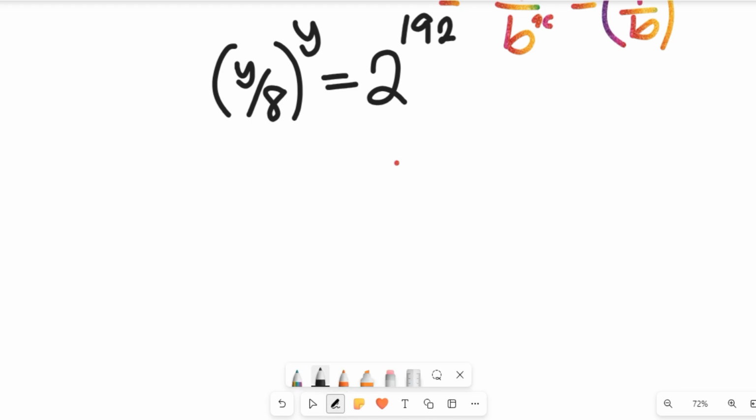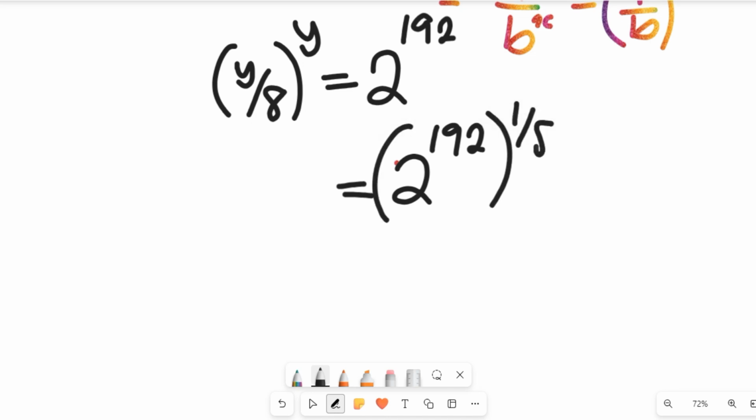Now, if I raise both sides to the power of 1 divided by 8, I can make the left hand side have the same base and the same power. That way, I can simplify easily. Now, let's do that. This will be 2 to the power of 192 multiplied by 1 divided by 8, while this will be equal to y divided by 8 multiplied by y divided by 8.